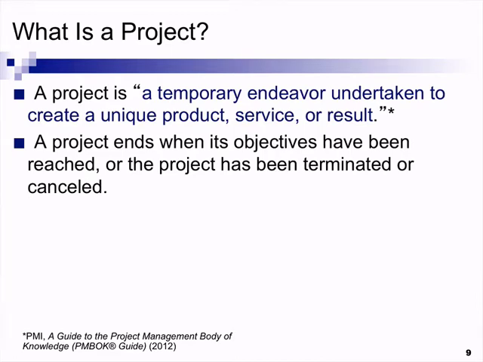Now, the next element we need to understand is that a project ends when the objective has been reached. That is key to understand. Our project will be completed when we complete what we defined at the beginning of our scope, or otherwise it has to be terminated or canceled because something doesn't work, resources are not performing, or our hypotheses were not correct.